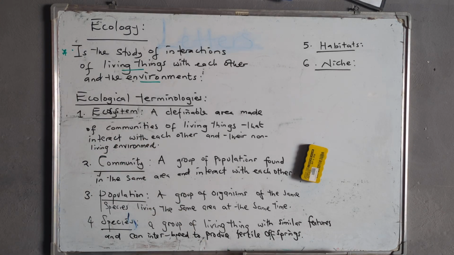It's a definable area made of communities of living organisms that interact with each other and the non-living environment. The key word here is definable area. We're talking about a known region.